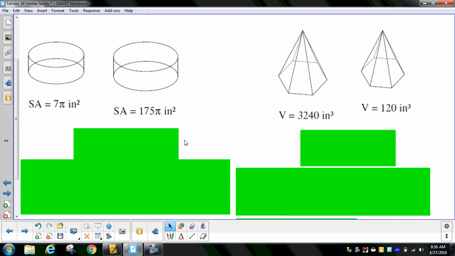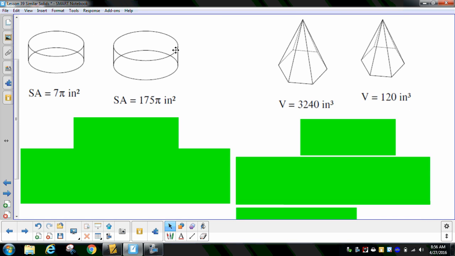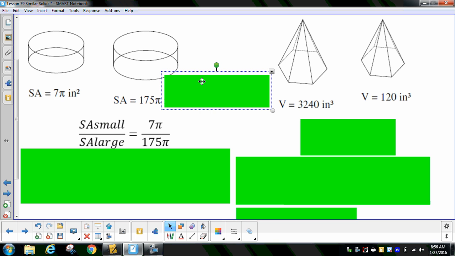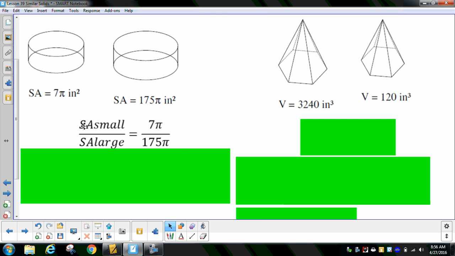So in this example, we have surface areas for these two cylinders. If we write the ratio, I did the small one over the large one. And first of all, just as a note here, these pi's will cancel out.